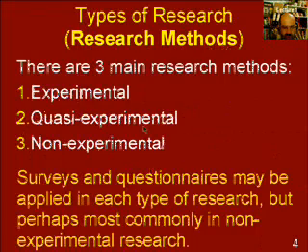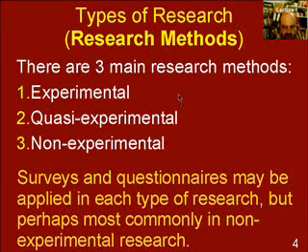So types of research. It's useful to be able to distinguish between three main research methods used in science in general, but in particular in the social sciences and psychology. The full experimental model involving control and experimental groups, the quasi-experimental method where we use naturally occurring groups, and the non-experimental method where we don't have any group selection at all.